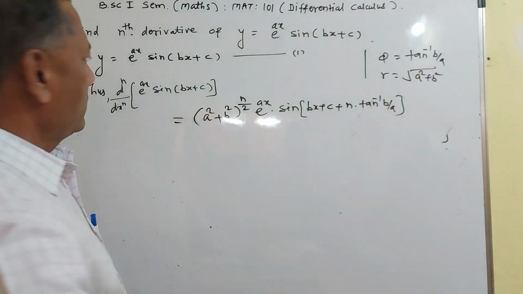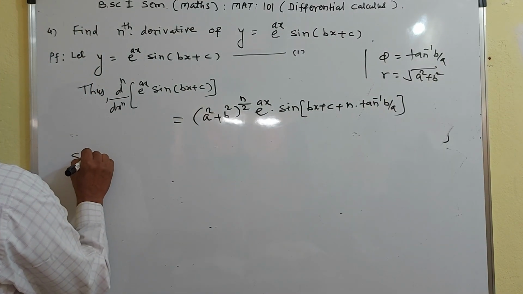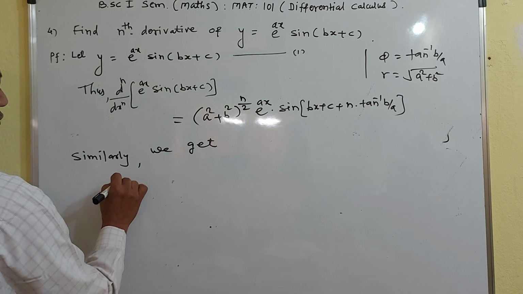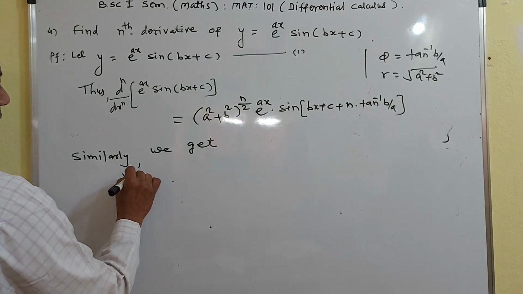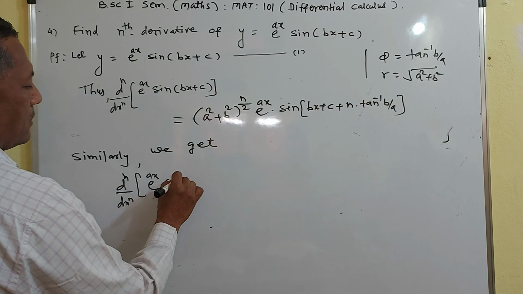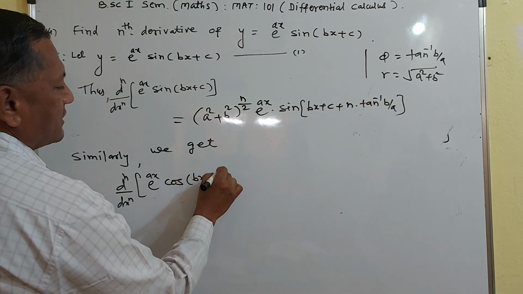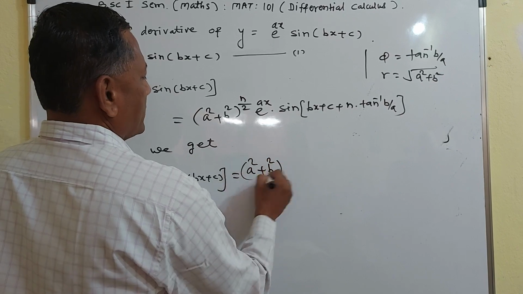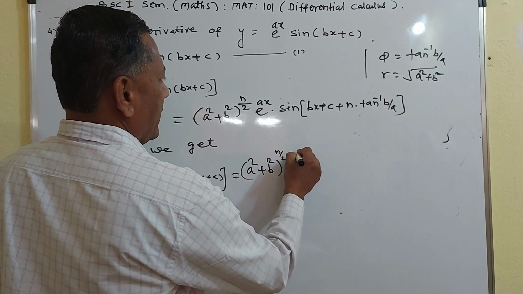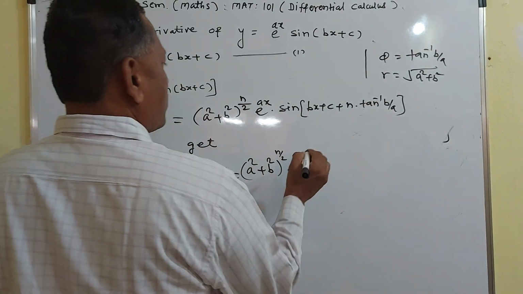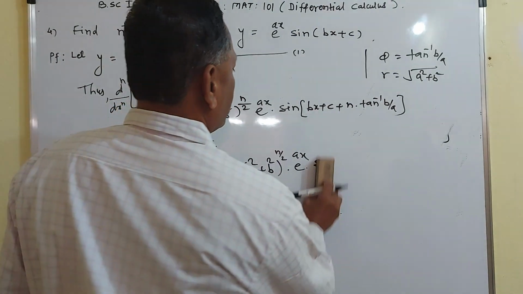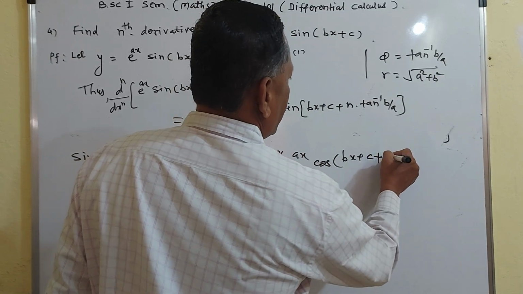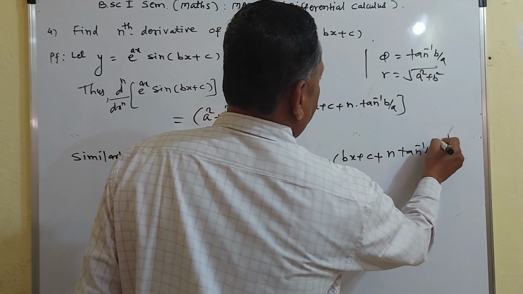Similarly, in the same way, we get the nth derivative of e raised to ax into cos of bx plus c, which is equal to a square plus b square raised to n by 2 into e raised to ax into, instead of sin, cos of bx plus c plus n into tan inverse b upon a.